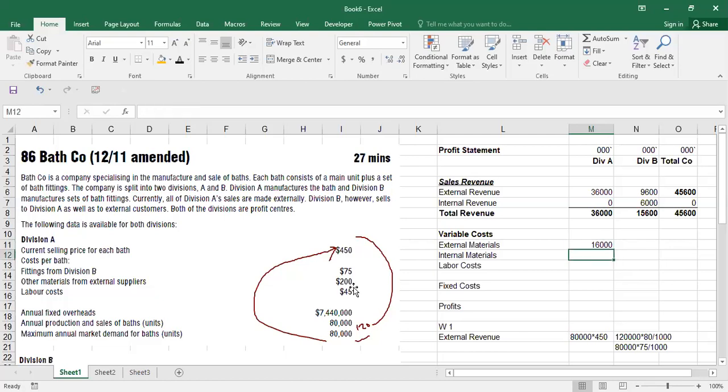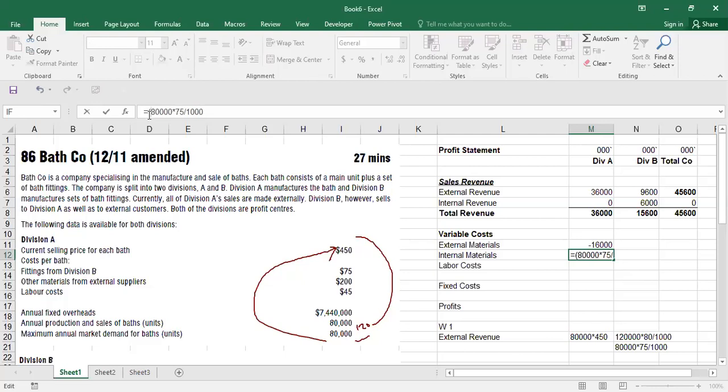And then internal material, they are buying from inside. They are buying 80,000 units internally at the price of $75. I'm sure that we remember that it is $75. And let's do it like this, because these are costs, so we can just multiply them by -1 so that we get negatives.